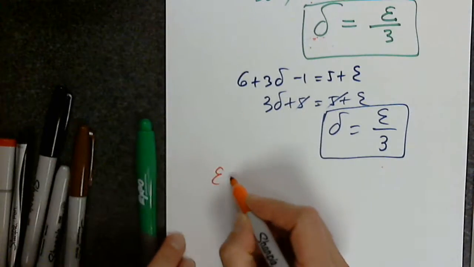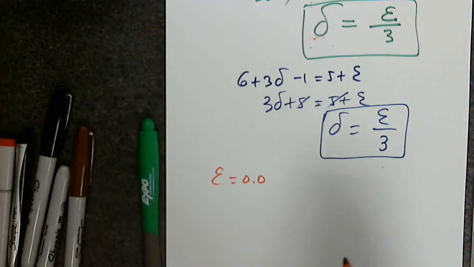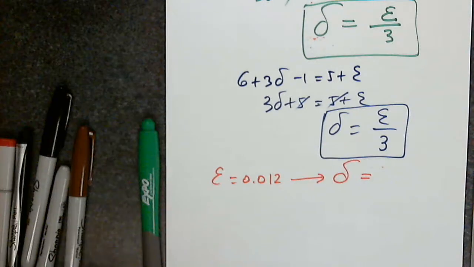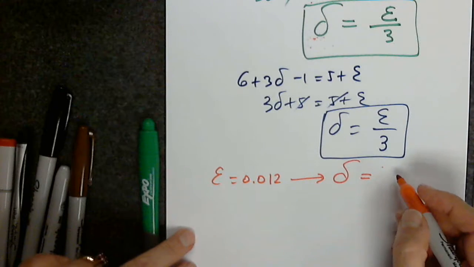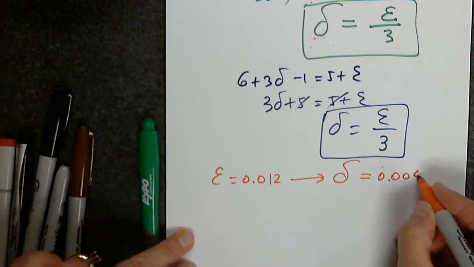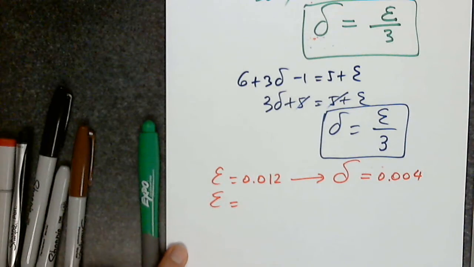So we were given that 0.0, was it 1 0 or 2 zeros? 1 0. 1 2. Can anyone give us the delta corresponding to this one? Make up another epsilon. Any epsilon you want.